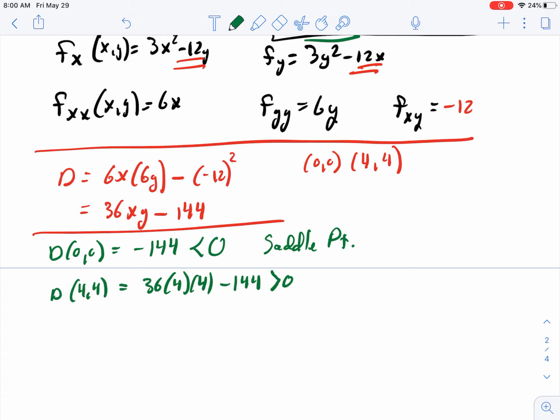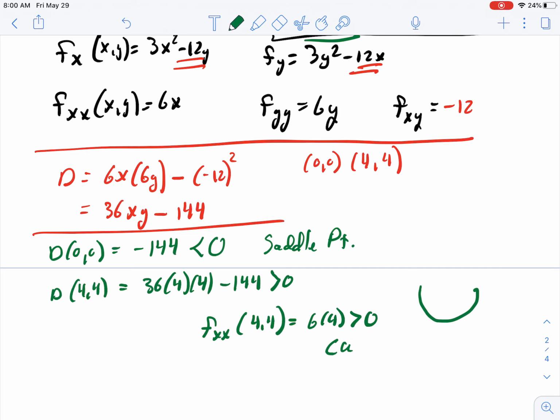Okay. All right, so the question is, is it a local max or min? So I use my second derivative, f of xx at (4, 4). Now my value of this would be 6 times 4, which is going to be greater than 0.